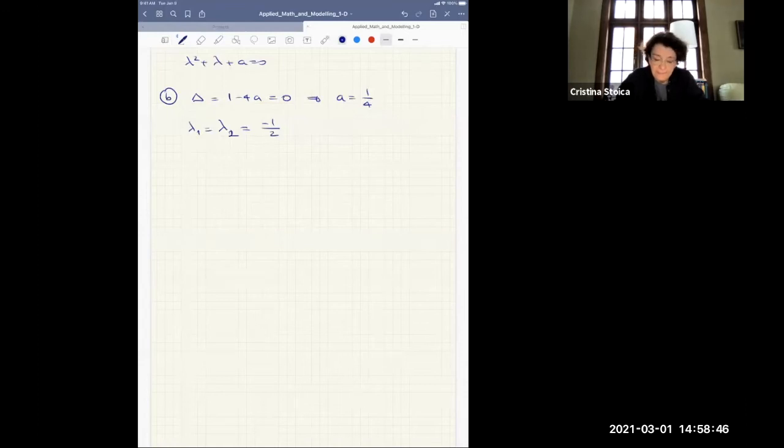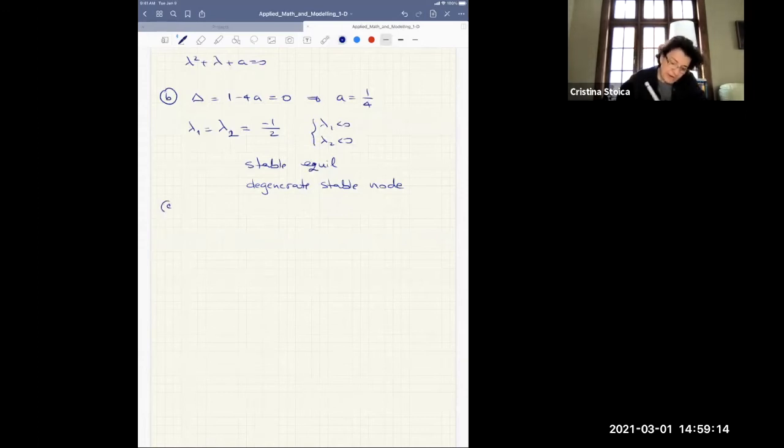Lambda 1 is negative, lambda 2 is negative. So again, in this case, we have a stable equilibrium. If you look in the book, it will be a degenerate stable node, or degenerate sink if you want.